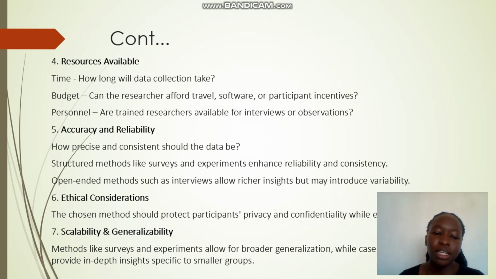And also we have scalability and generalizability. We have methods like surveys and experiments which allow for broader generalization. That is, if we are collecting data, we will have a broader view of information that we need. And also we see that case studies and focus groups provide in-depth insights specific to smaller groups.